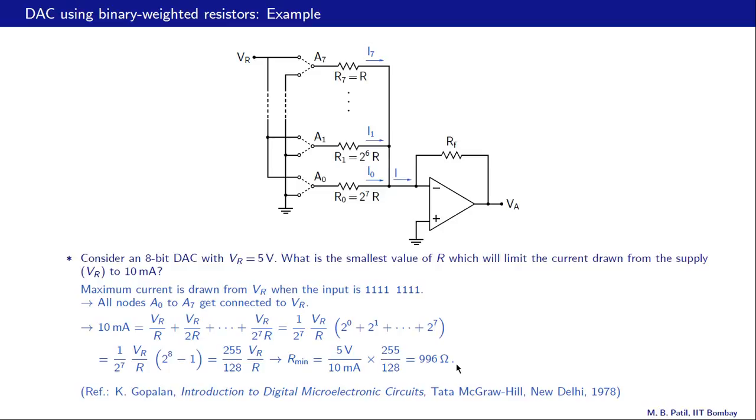Okay. Now this example has been taken from this book by Gopalan, and it has many other interesting details about DACs and ADCs, and it's a good book to look at.